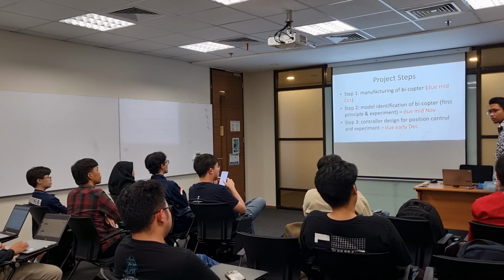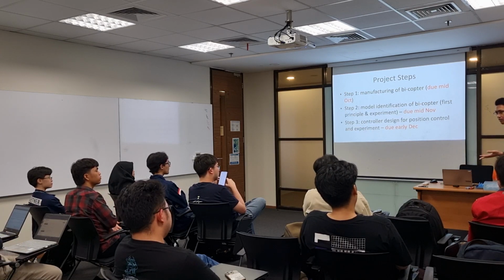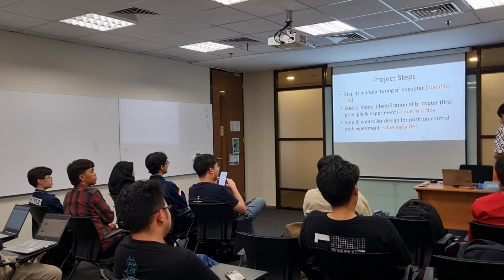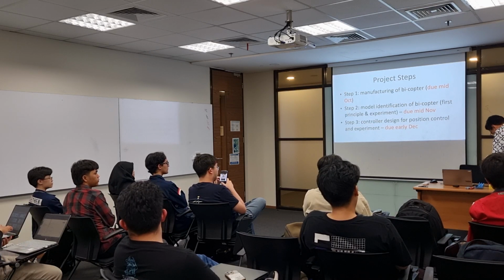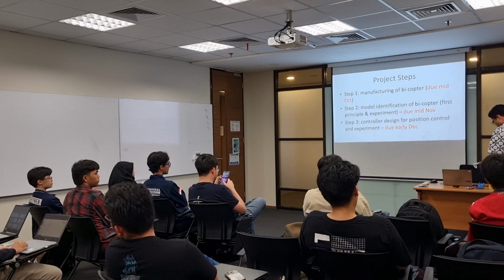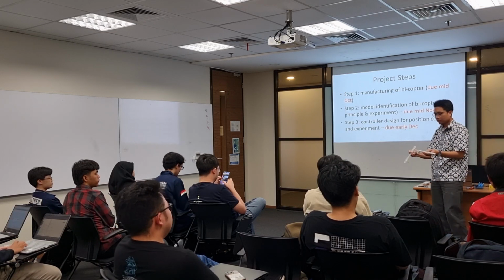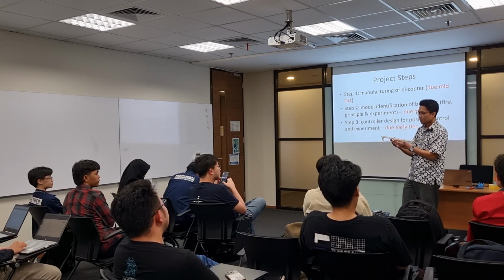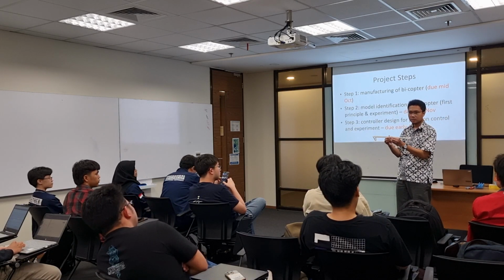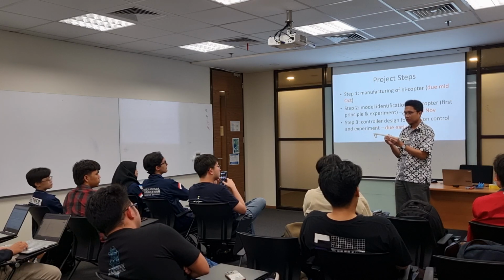You have seen the bicopter model in the previous lecture, right? So I bring the parts here so that you can see. This is the frame of the bicopter that you're going to make. Actually this is the frame I took from the drone that we have in the IoT lab.